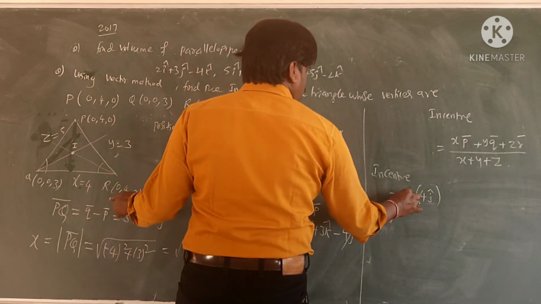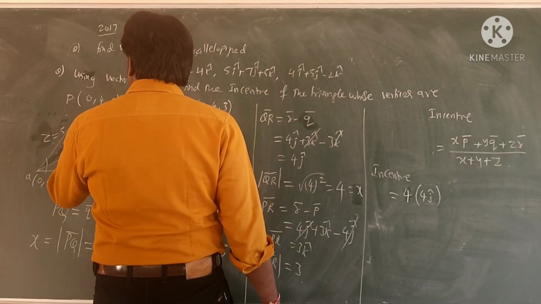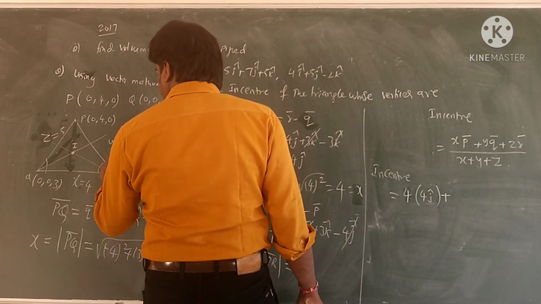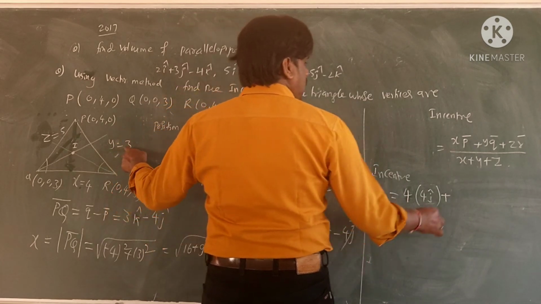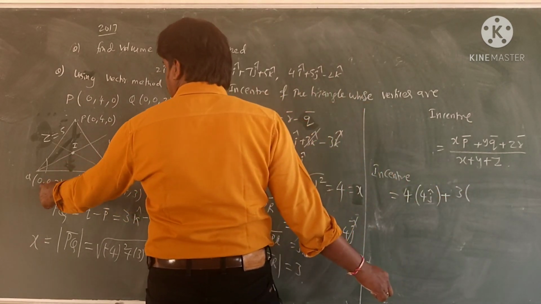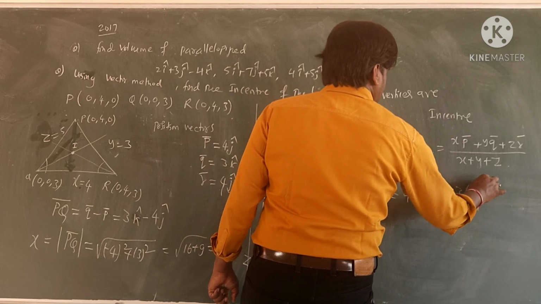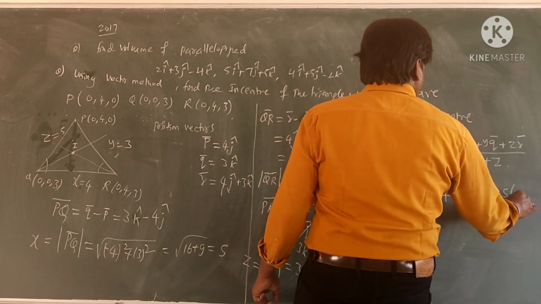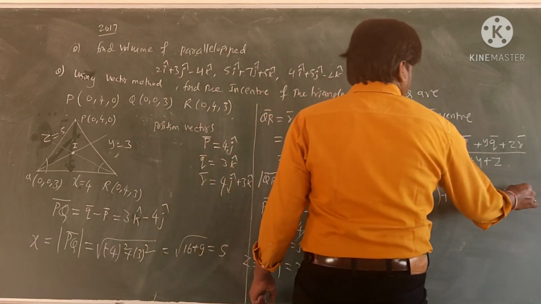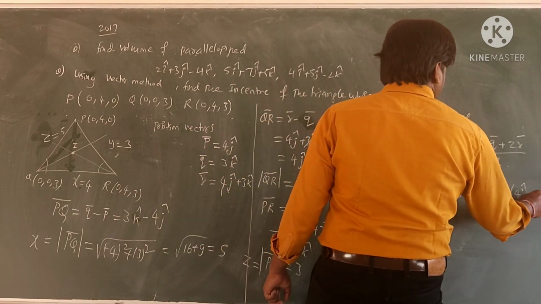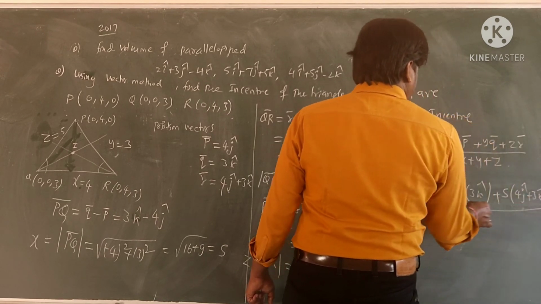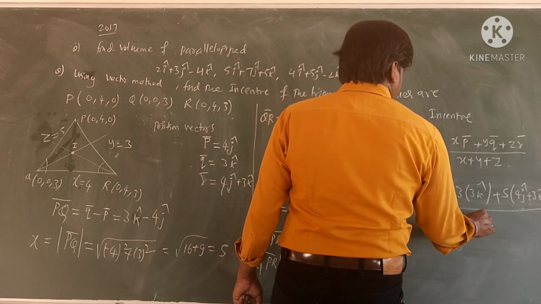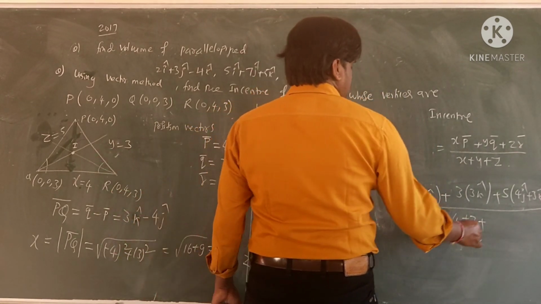X is 4. 4 into 4j plus Y is what here? 3, right? 3 into Q means 3k, plus Z is 5 into the opposite, 4j plus 3k, divided by x plus y plus z, which is 4 plus 3 plus 5.